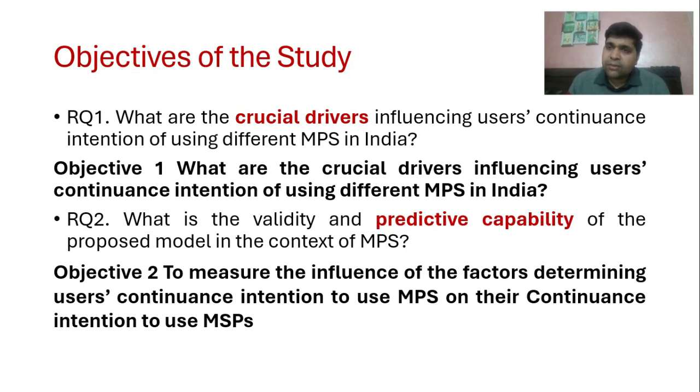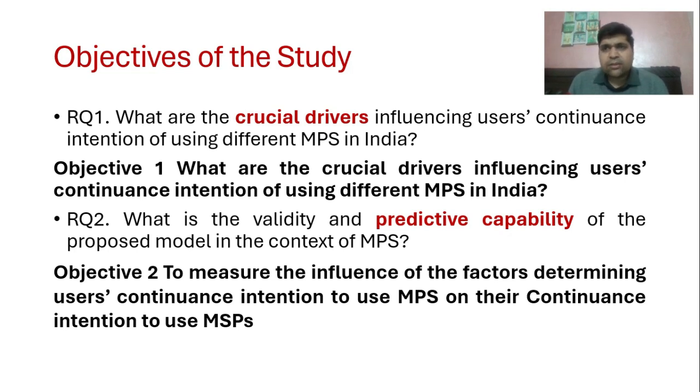Then you make the research questions. After questions, you make what? The objective. So objective first is, what are the crucial drivers influencing users' continuous intentions of using different MSPs in India? These authors have not written the objectives because in research papers generally the objectives are not written like this.